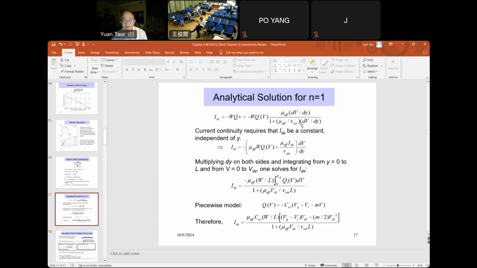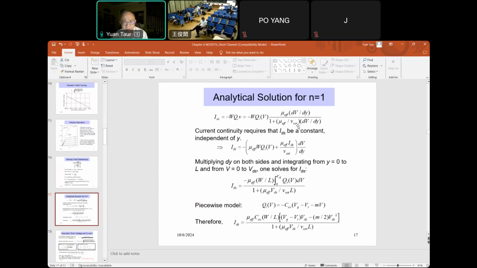In fact, you can argue that the so-called driving force should be the dV dy instead of the electric field d psi dy, because d psi dy only gives you the drift current, and dV dy gives you the drift plus diffusion current.